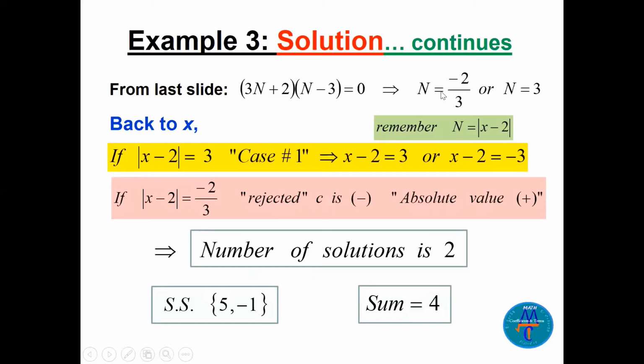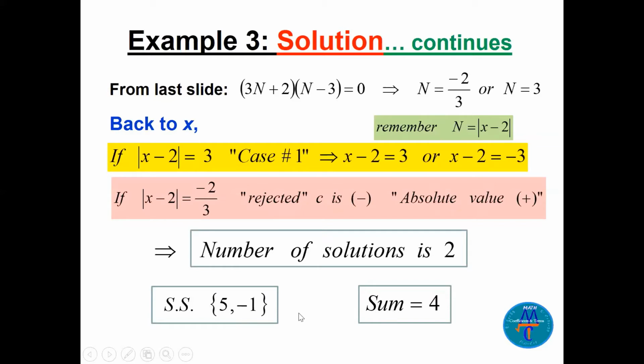I can start with any n, no problem. 3, this is case 1, so x minus 2 will be 3, or x minus 2 will be minus 3. If the absolute value of x minus 2 is equal to this number, that's negative, see? C is negative here, rejected. So the number of solutions is 2 solutions. If we say find the solutions, they are 5 and minus 1. If we say find the sum, it's 4. Find the product, it's minus 5.